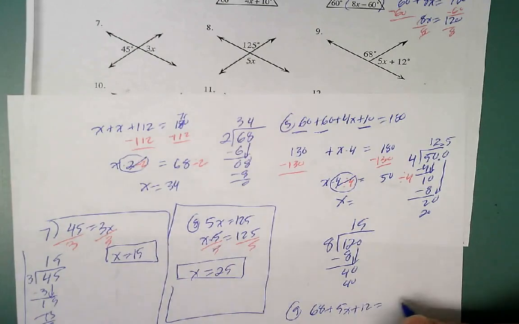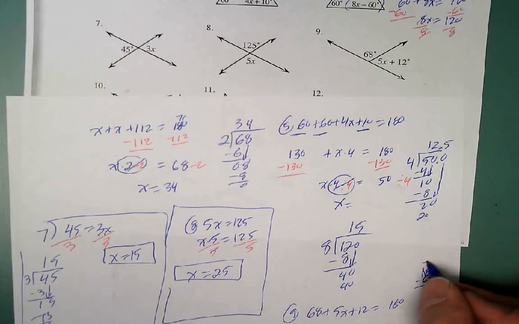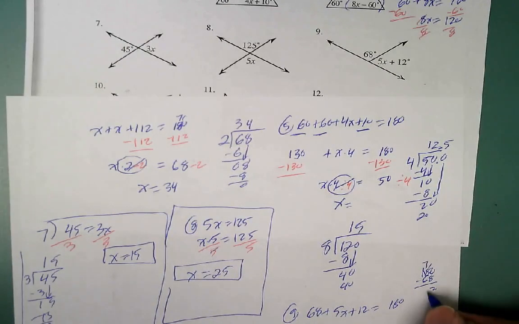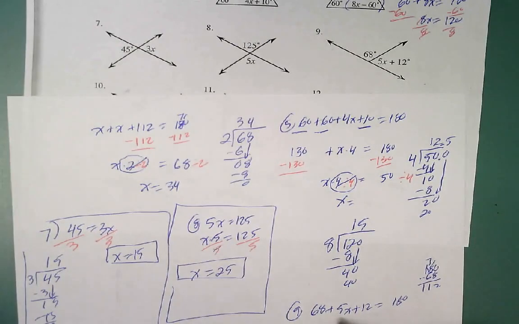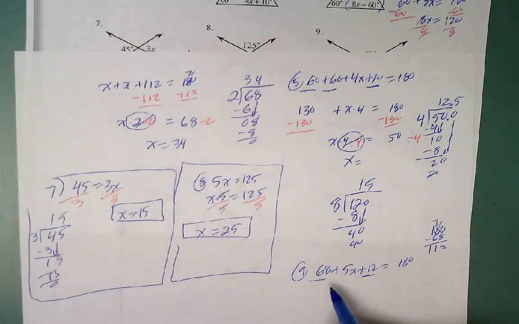Or I could have come over here and said 180 minus 68 equals 112, and said this equals 112. But what I'm going to do is write out the equation like this and go ahead and solve it. Put the things together that go together. They call it combining like terms in algebra. Okay, so I'm going to put the 68 with the 12.